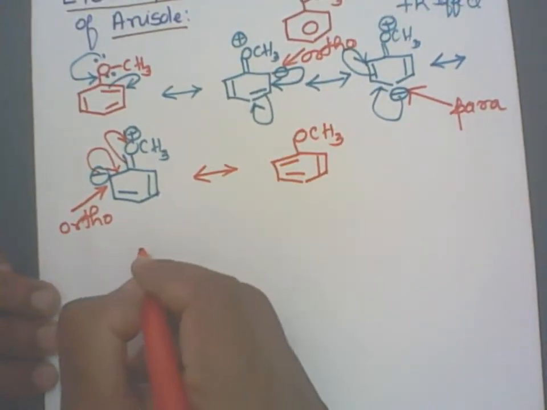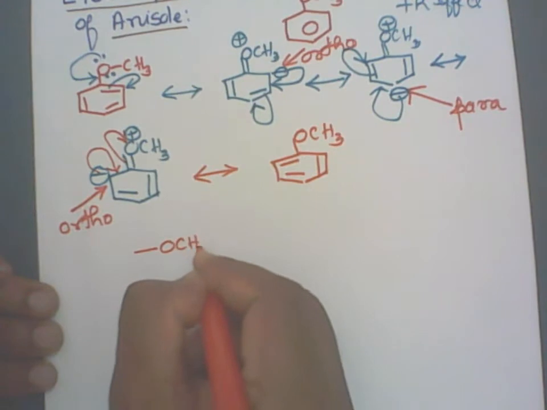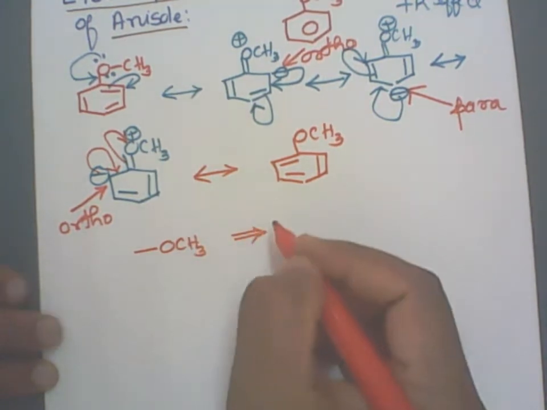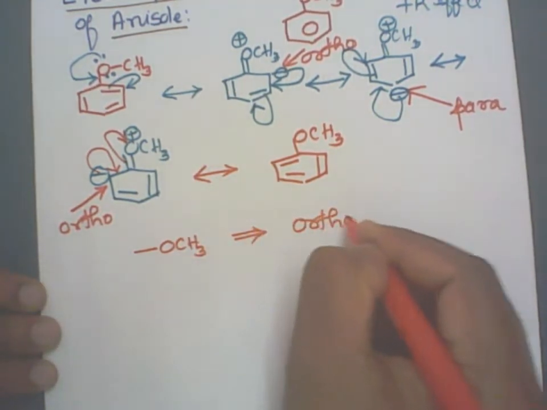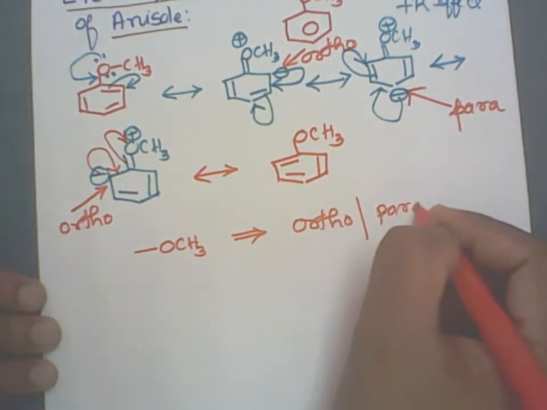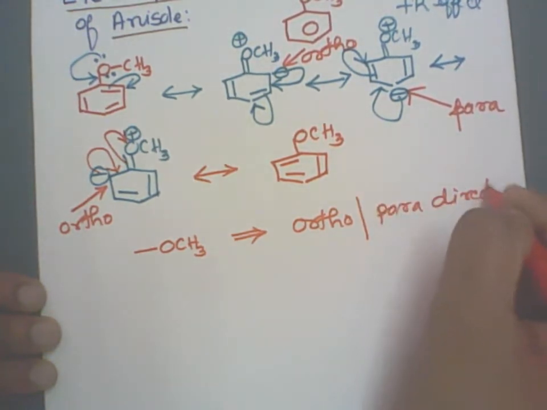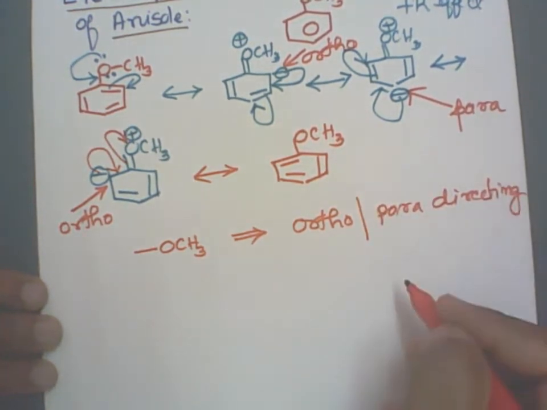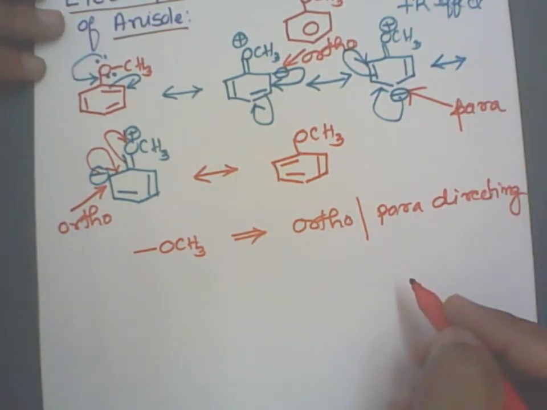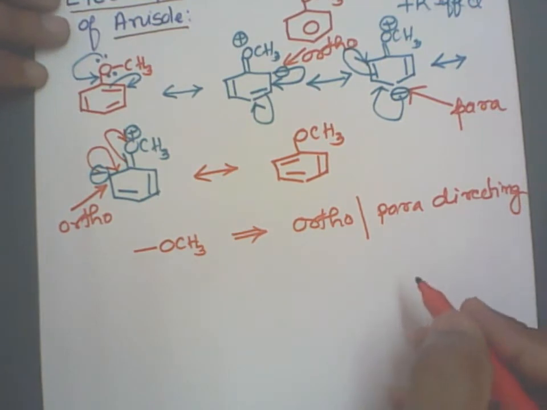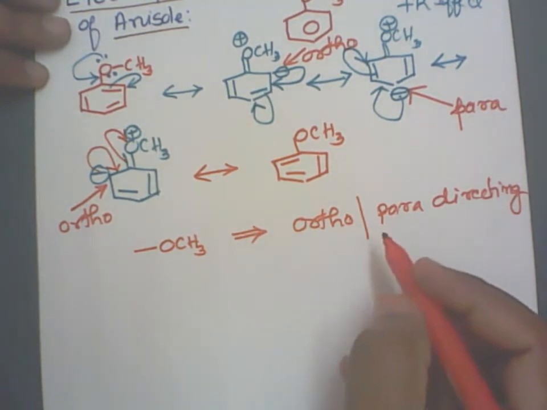Therefore, I can conclude OCH3 attached to benzene is an ortho para directing group. So we can expect a mixture of two products: the ortho product and the para product.